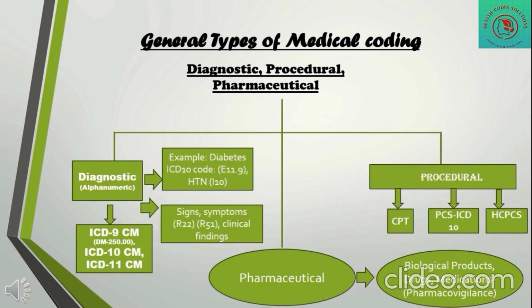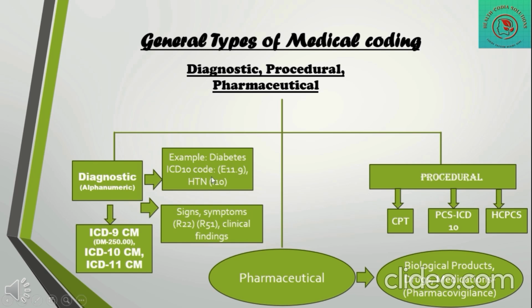Now, when it comes to diagnostic medical coding, it is nothing but the ailment, the diagnosis, or the disease or the syndrome that we generally refer to. For example, diabetes, which is the most common disease nowadays, or influenza, hypertension, joint disorder, or anything that causes a disorder in your body.